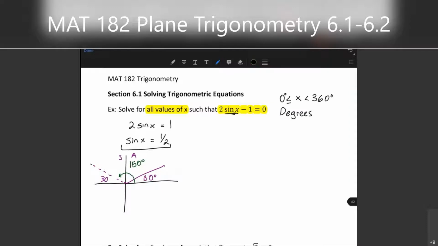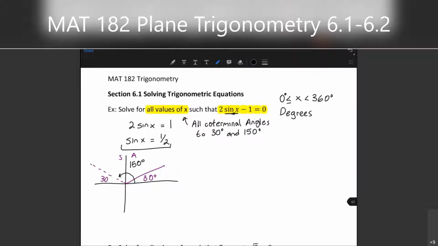If we were going for all possible solutions, this is going to get all coterminal angles to, in this case, 30 degrees and 150 degrees. So 150 and 30 degrees would be our two solutions in that unit circle.